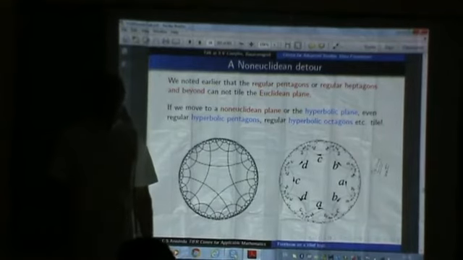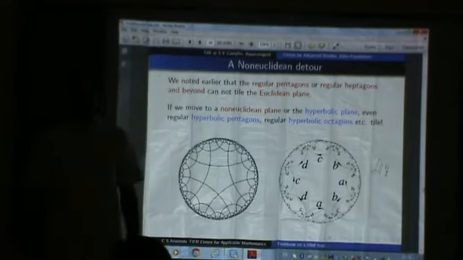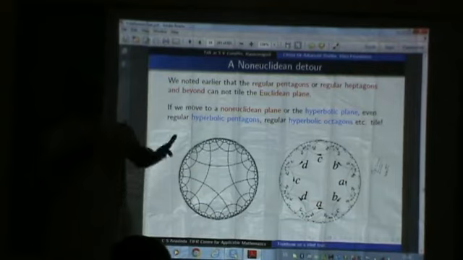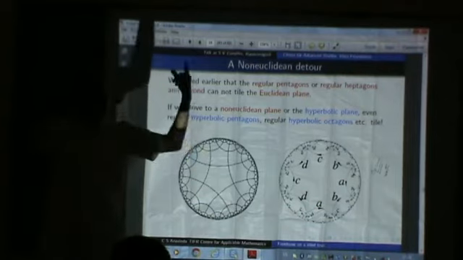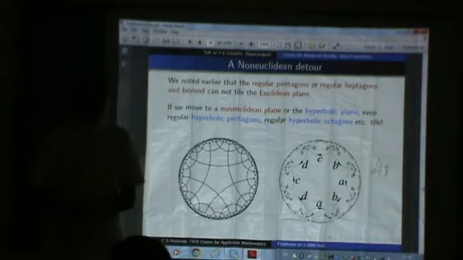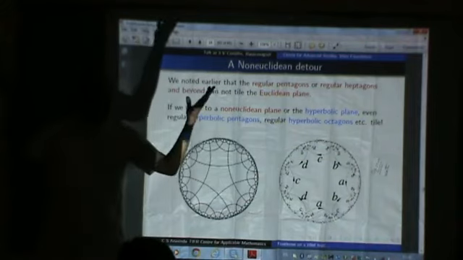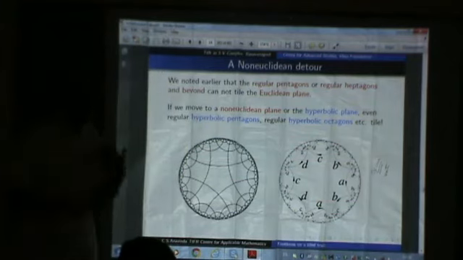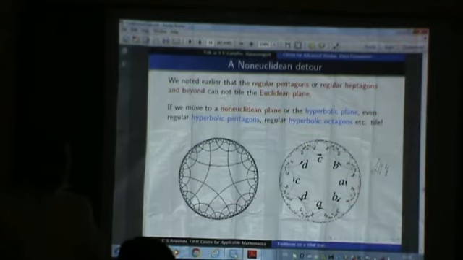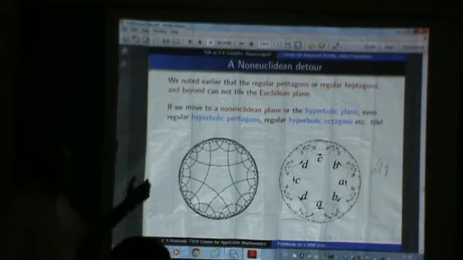And you wouldn't believe, the possibilities are infinite. If you give me a million-sided non-Euclidean polygon, I can still tessellate. So non-Euclidean geometry is really huge. My point is to say that these are all very natural. So non-Euclidean geometry gives you these possibilities.